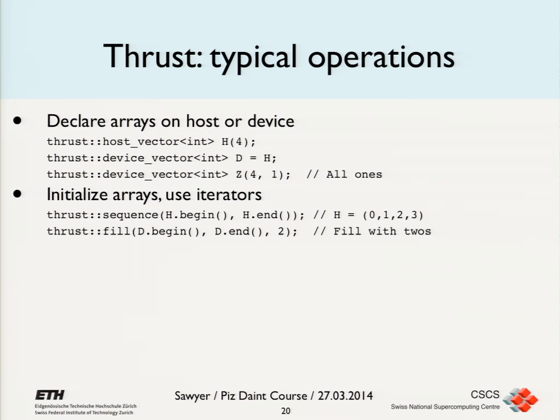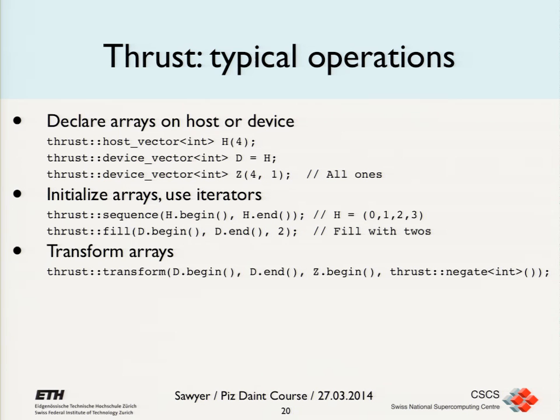Basically, these are iterators, the start of the vector to the end of the vector with the value 2. Fill D with the value 2 from beginning to end. You can perform transformations on vectors with, again, simple predefined operators. For example, negate the vector in D and set Z equal to the negated vector D.